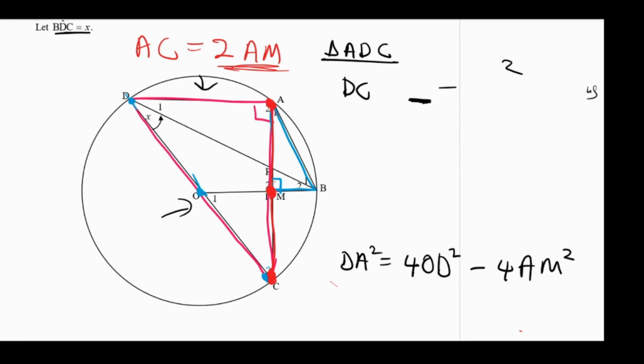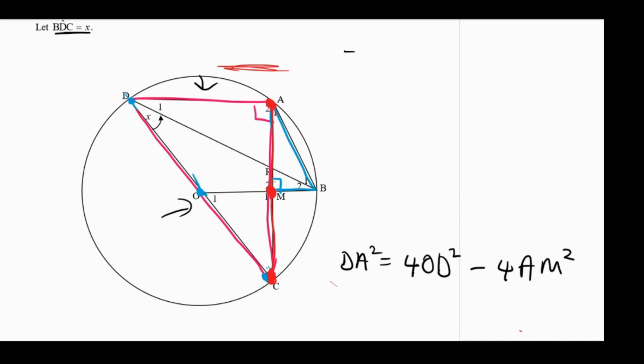So now that we're having this problem here, it's getting simpler and simpler to solve. We have DA squared is equal to 4OD squared minus 4AM squared.